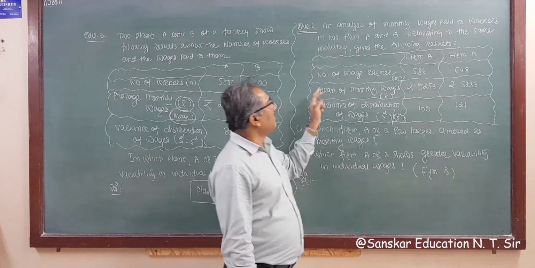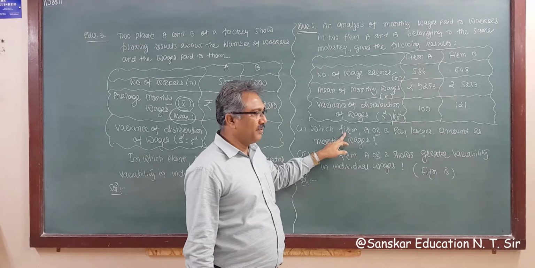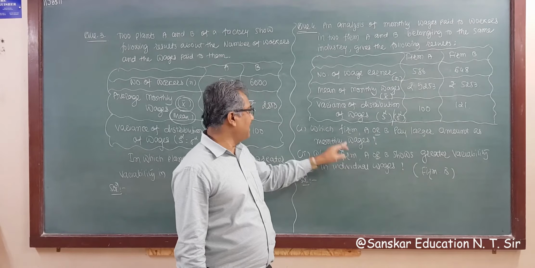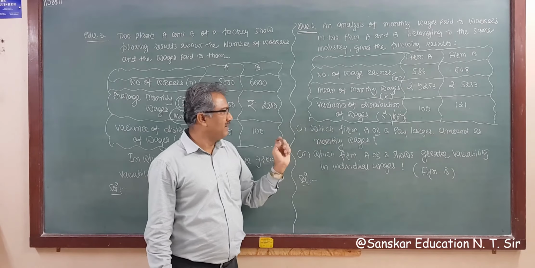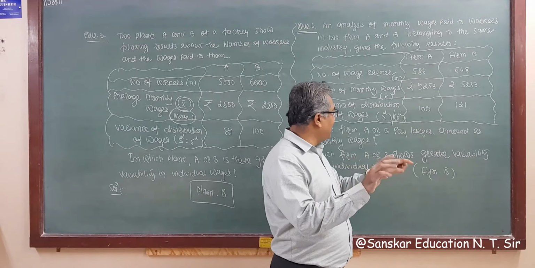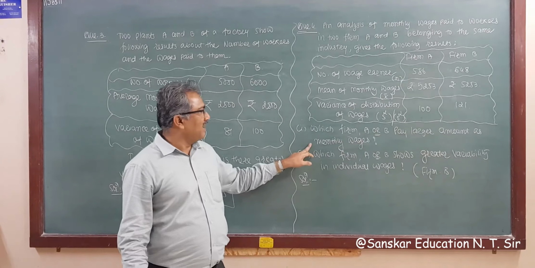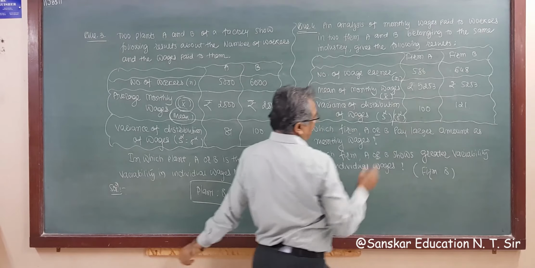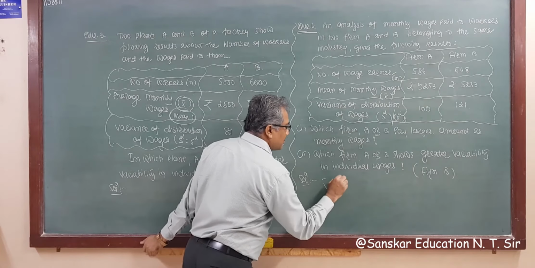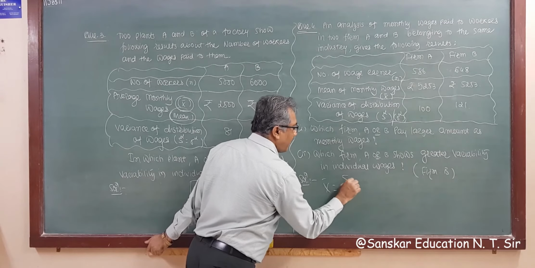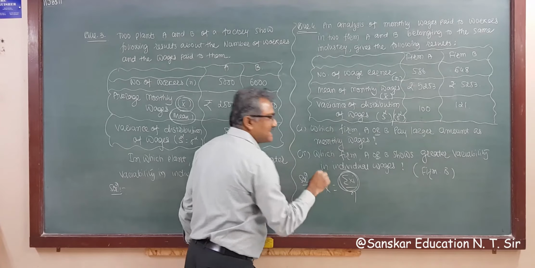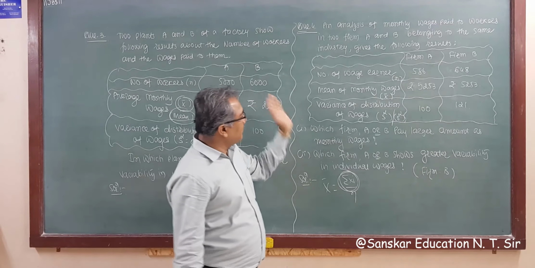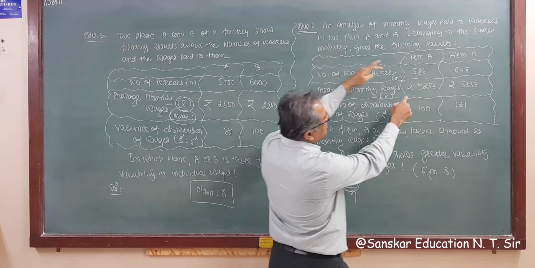Now for the first question, which firm, A or B, pays a larger amount as monthly wages? The formula for mean is X bar equal to sigma xi upon n, so sigma xi is n into X bar. The total monthly wages is the multiplication of this.